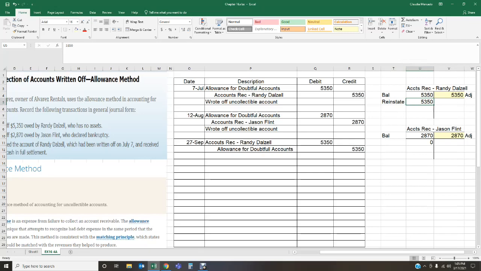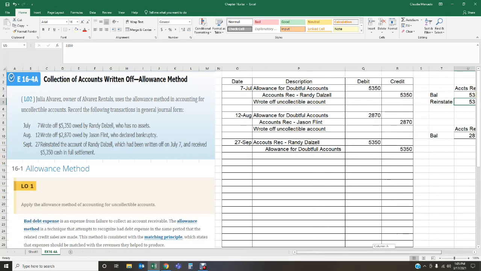We reinstated the account $53.50. Now that is the first step. We need to reinstate the account, put it back in our books. Now I've put my receivables back in the books. Now it shows that Randy owes me $53.50. My allowance account has been recorded. So basically the debit and the credit offset each other, which shows that no write-off was done.